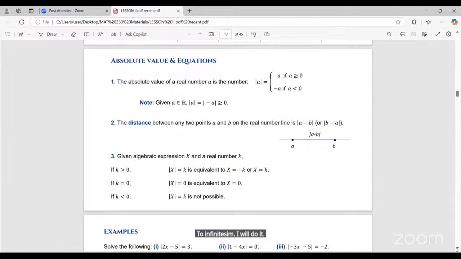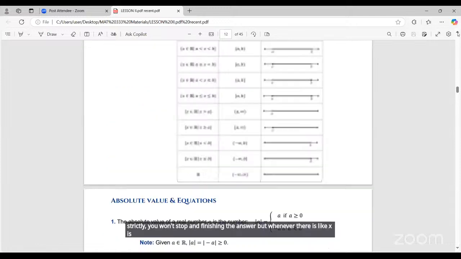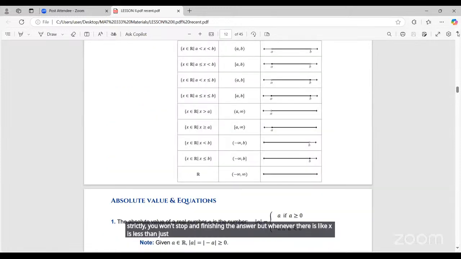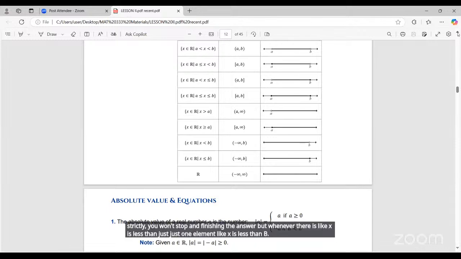Ma'am, can I ask a question? Yes. So now, we're talking about strictly, and whenever you mention strictly, you won't have infinity in the answer. But whenever it's like x is less than just one element, like x is less than B, you're putting infinity.